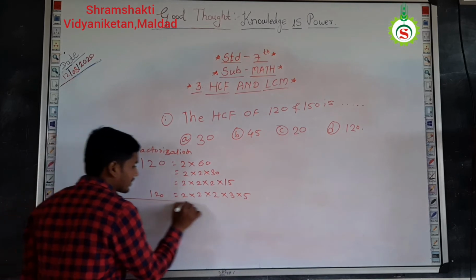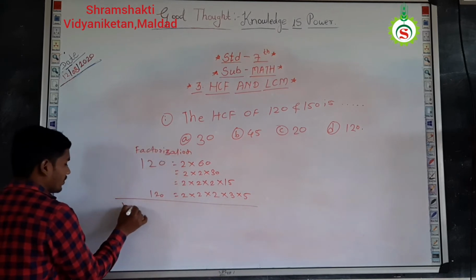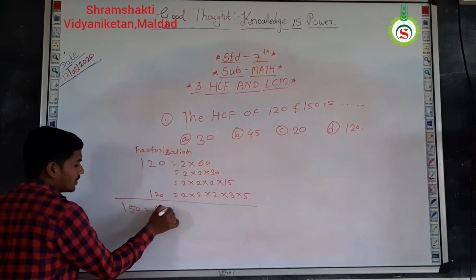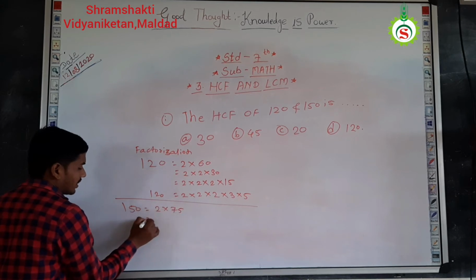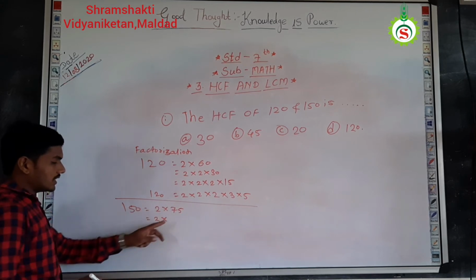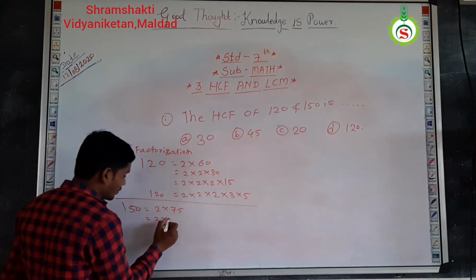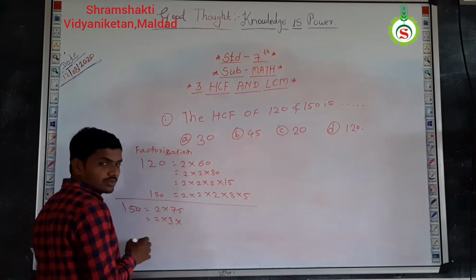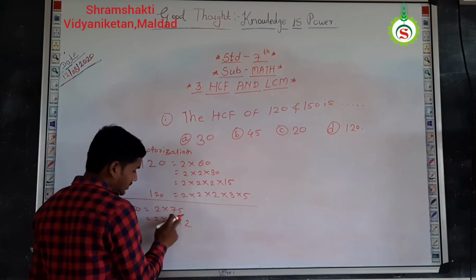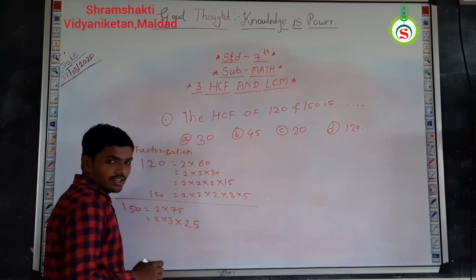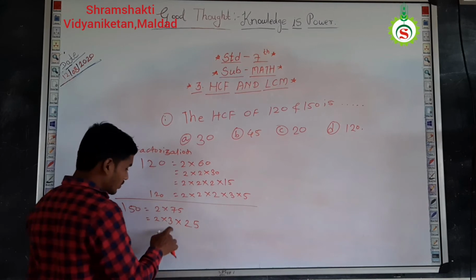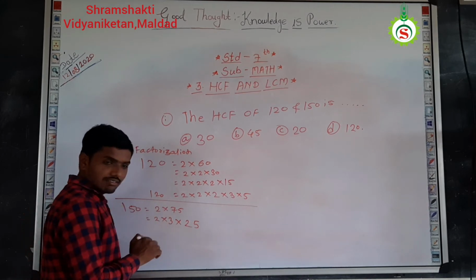Now I will find the factors of 150. So 2 into 75. Now which is the smaller number which will divide 75? Obviously 3. So 2 into 3 into 25, since 25 3s are 75.